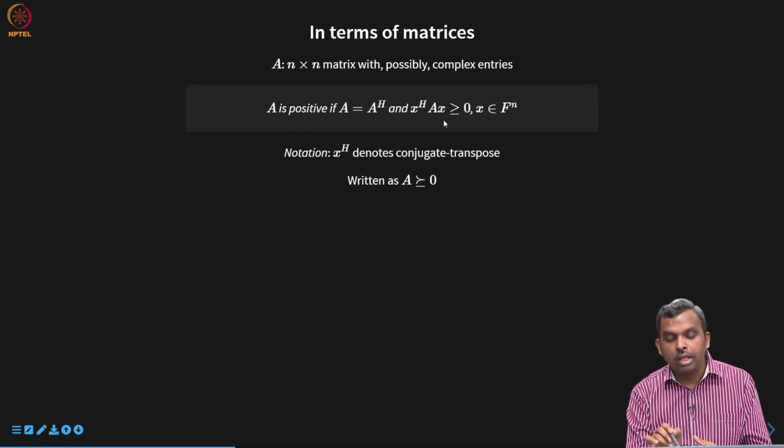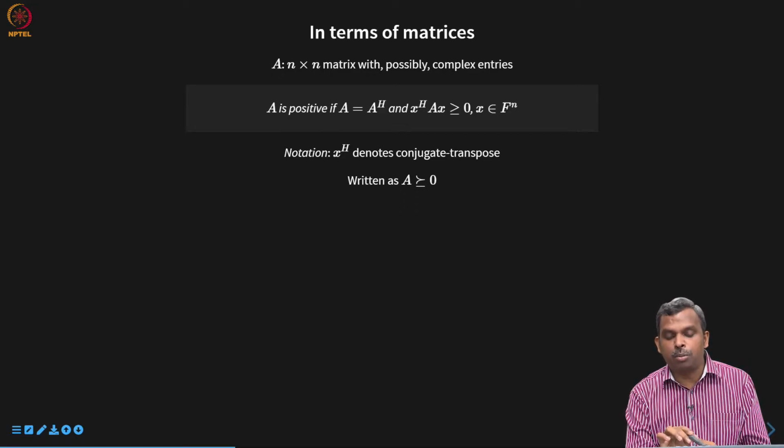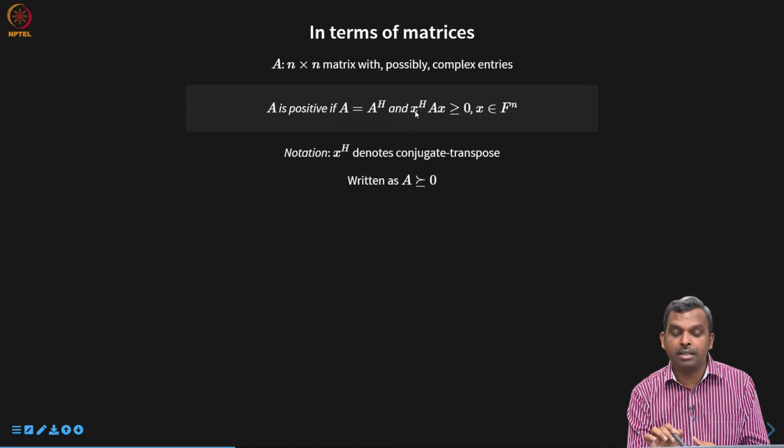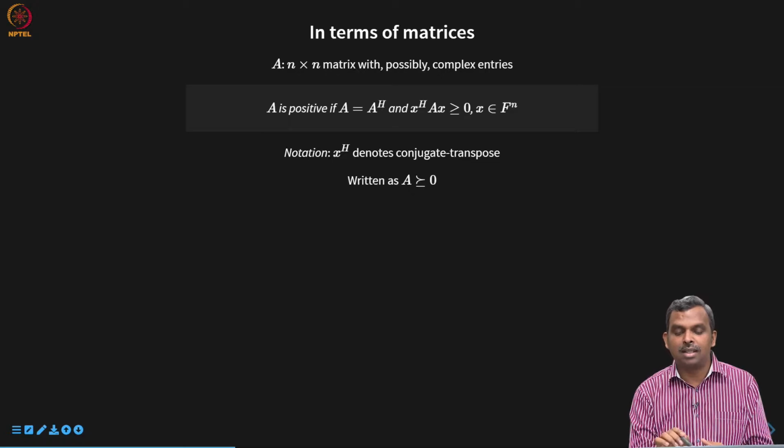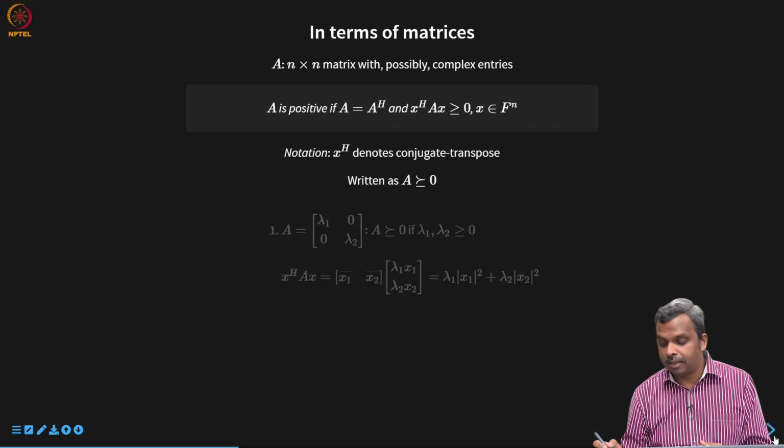We are thinking of positive definite or positive in some sense associated with this quadratic form. X Hermitian AX should be non-negative for all x. So why am I calling it a quadratic form? We'll see later on, but for now just accept that terminology. So this is written as A, with this curly greater than or equal to symbol, not the usual positive. Okay, so this is how one writes these things.